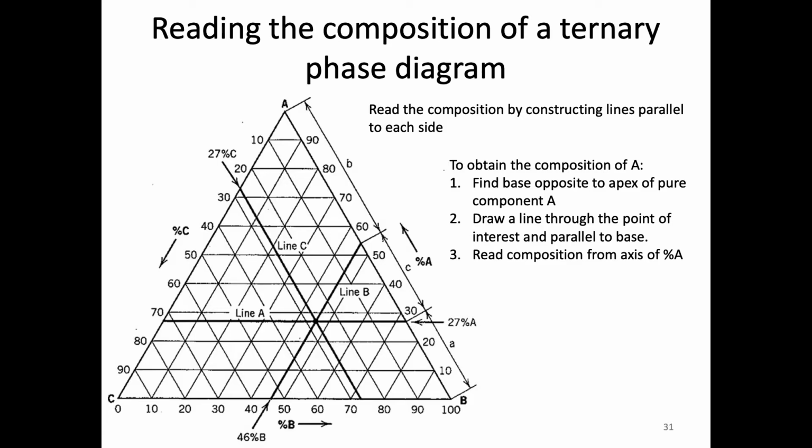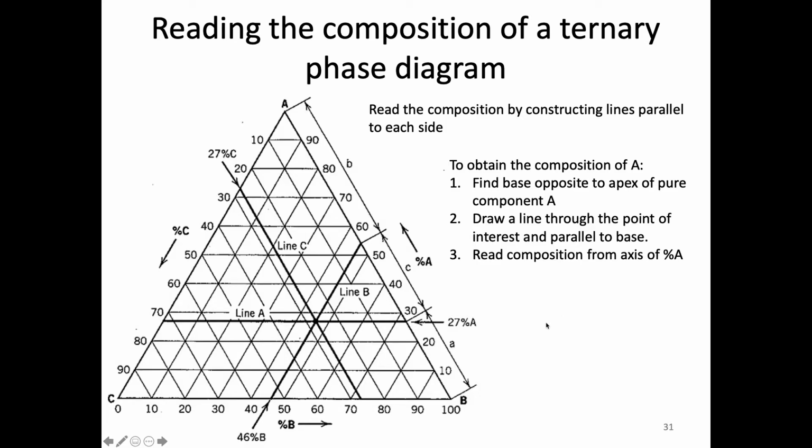Just like if you had a point on a binary system, you should be able to tell me, that is 40% A, 60% B. Same thing here, but now it's going to be a little bit more complex because we have 3 components. And so this just walks you through how we actually obtain and read the composition.